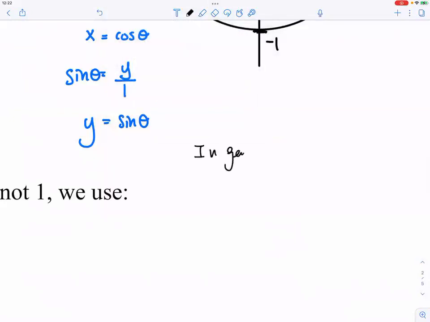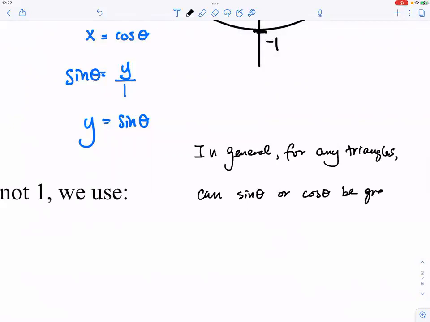Now, in general, for any triangle, can sine theta or cosine theta be greater than 1? All right.